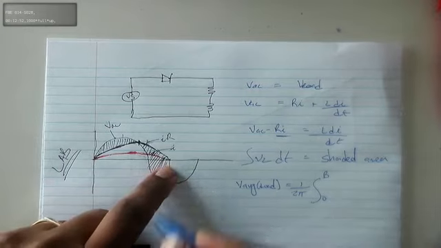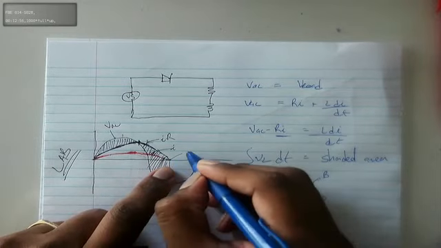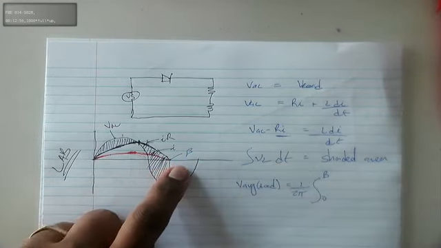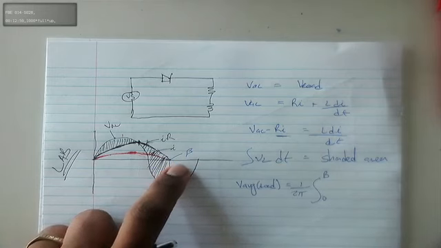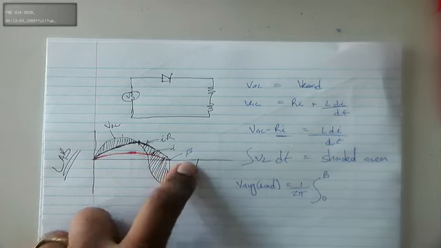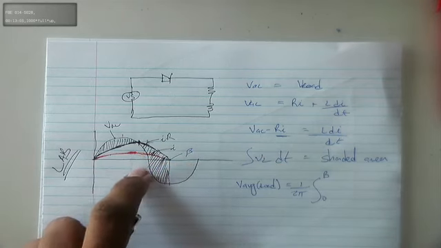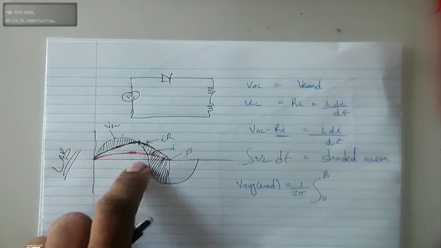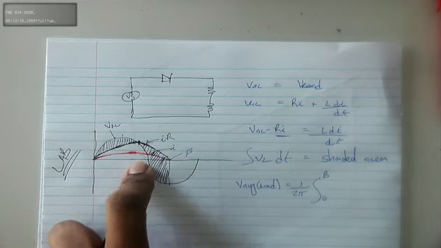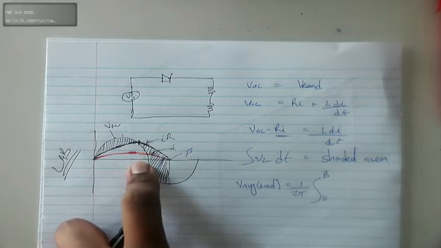And where is beta? This is the point where beta is. Because if we have a large inductor, this beta will increase. We will have a beta towards the right. If we have a small inductor, the beta will move towards the left. So because of this beta, there is a bit of complication of the output.